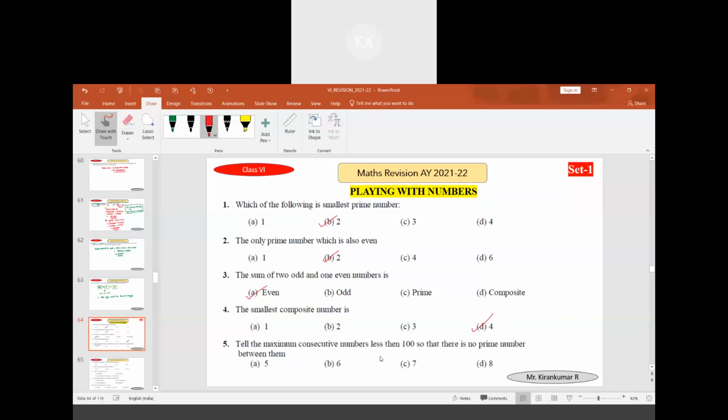Which are those numbers? 90, 91, 92, 93, 94, 95, 96. Numbers 91 to 96 and 97 is prime. So there are 5 numbers, 92, 93, 94, 95, 96.